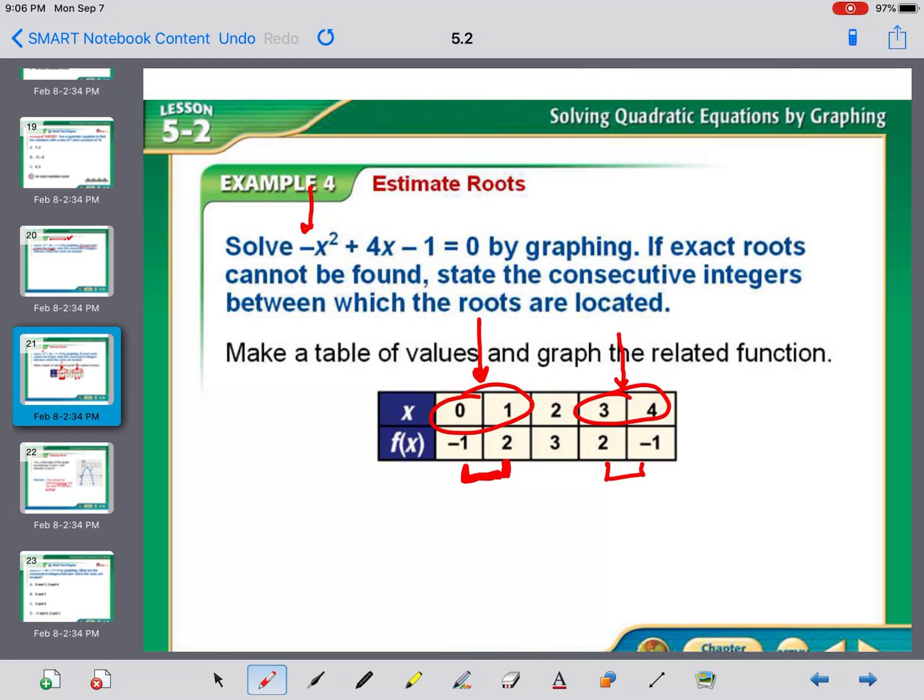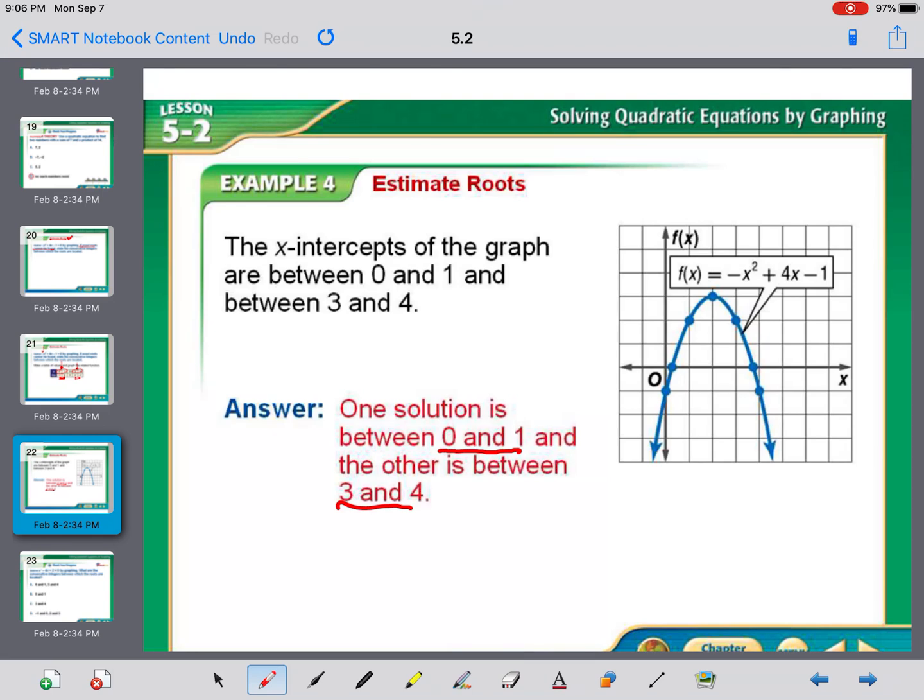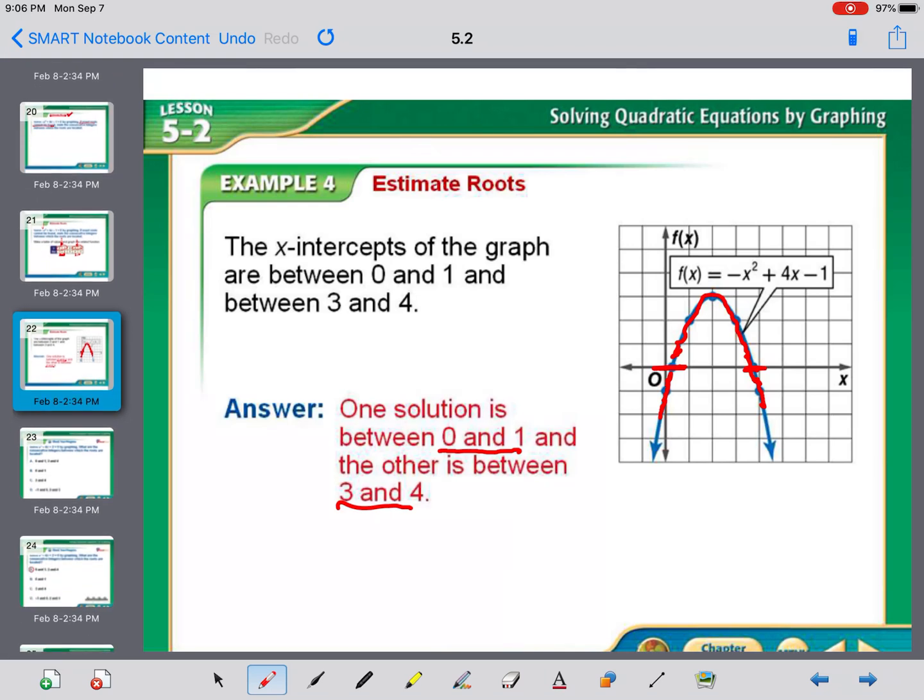And we knew that because when the y value changes from positive to negative or negative to positive, you had to cross the x-axis. So look at it here. When you went from negative y's to positive y's, you had to cross the x-axis. And when you come up through here and you've got positive y's, and then you got a negative y, you had to cross the x-axis.